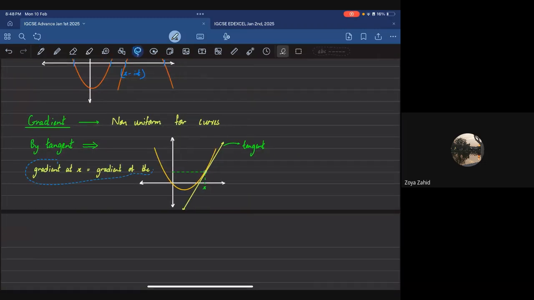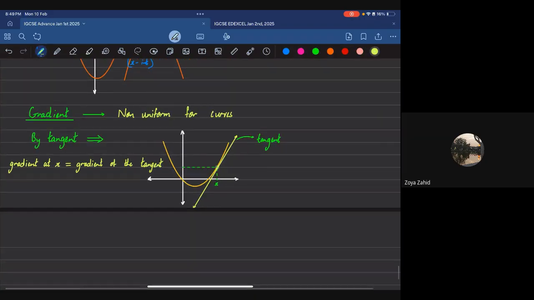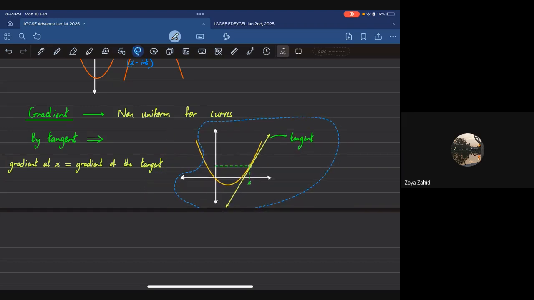All right. Is this clear, guys? Because these two lie on the same point. Anyone who does not get this? So you just need to find the gradient of the tangent, and that is going to help you find the gradient at one particular point.